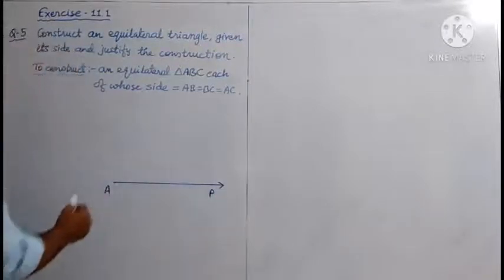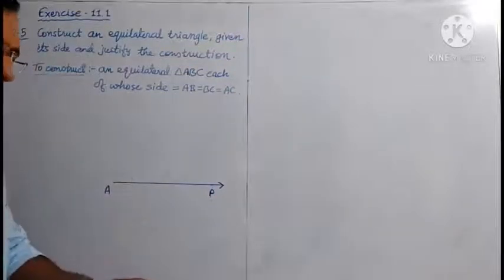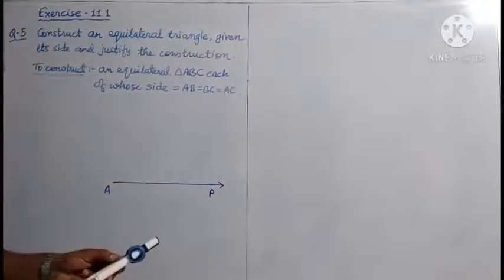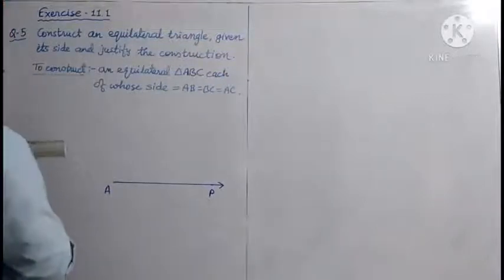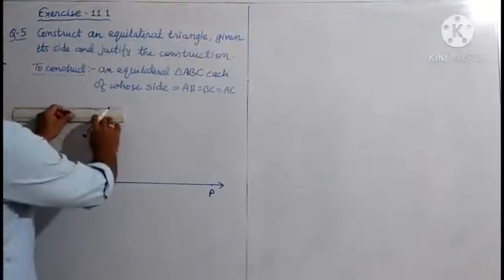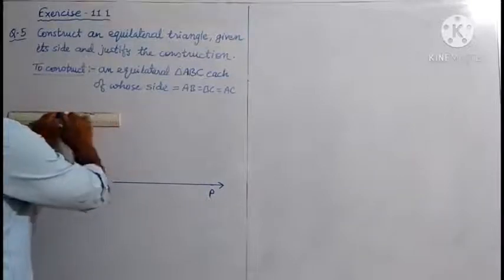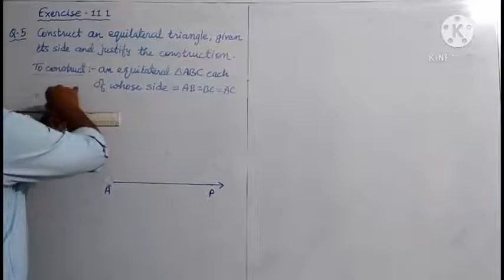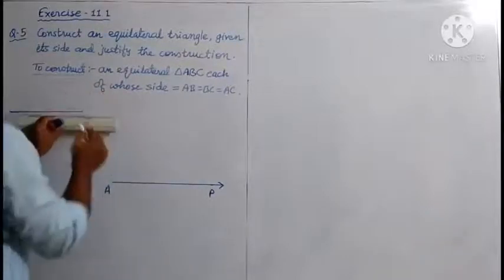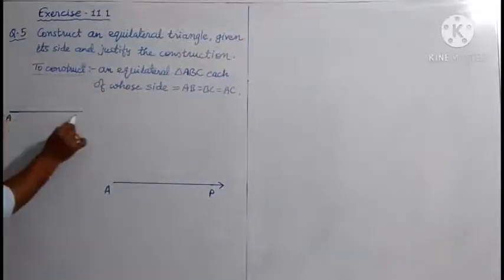Then taking A as a center and the radius equal to AB. Let AB be given here, of this measure.